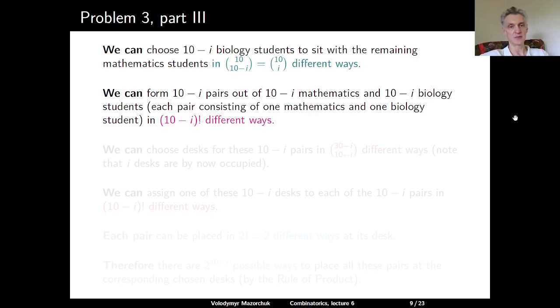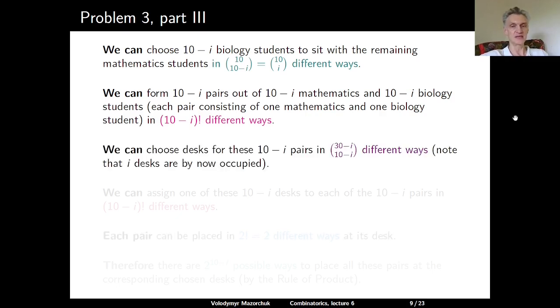This can be done in (10 minus i) factorial different ways, because this corresponds to the permutations of 10 minus i elements. Now for these 10 minus i pairs, we can choose desks at which they will sit in 30 minus i choose 10 minus i different ways. i desks are now occupied with math students who sit alone, which means that there are 30 minus i desks which are left, and we need to choose 10 minus i of these.